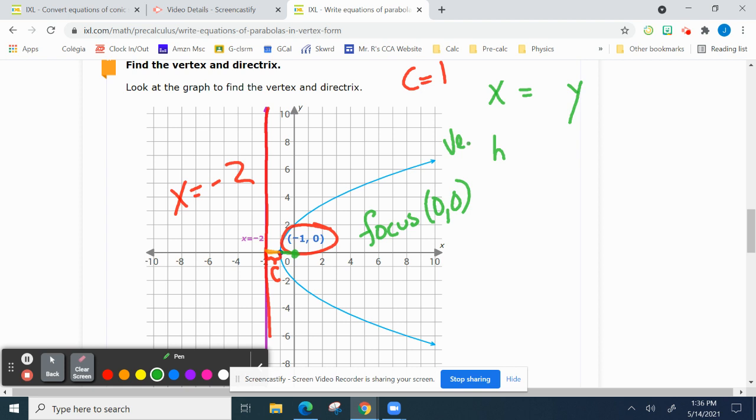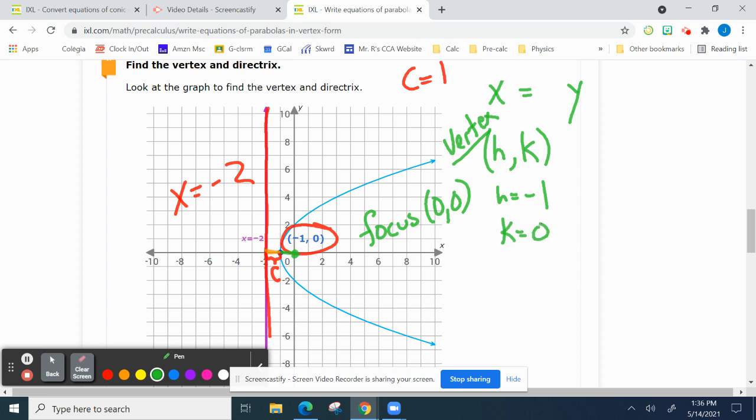I'm just trying to go slow so it's real clear, right? So the vertex is -1 comma 0, h comma k. So h equals -1 and k equals 0, right?